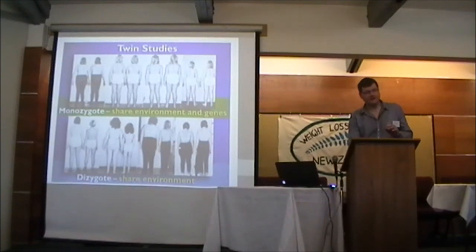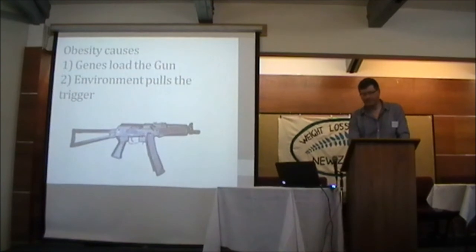Psychologists in particular are very interested in looking at identical twins and non-identical twins, because identical twins share exactly the same genes. And so by working out the differences between the identical and non-identical twins, you can work out what component of obesity is due to genes, and we know it's about 80%.